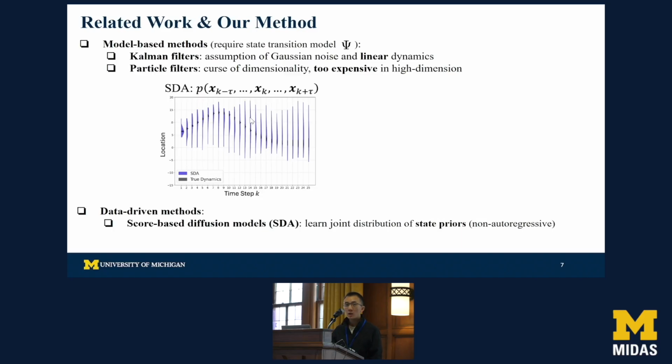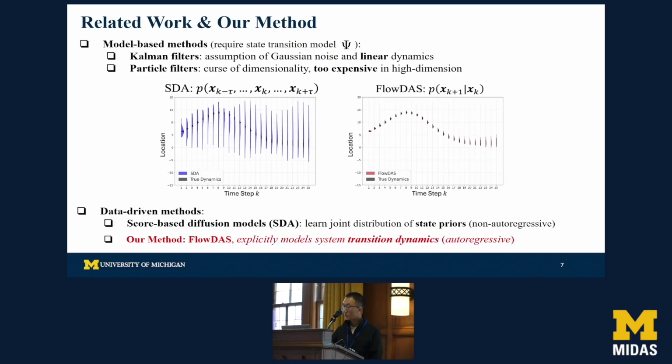So in our work, we introduced a new method, which is called flow DAS. Basically, it's using a new type of generative model, where instead of estimating the joint distribution across all the data, we estimate the state transition between the data points, right?